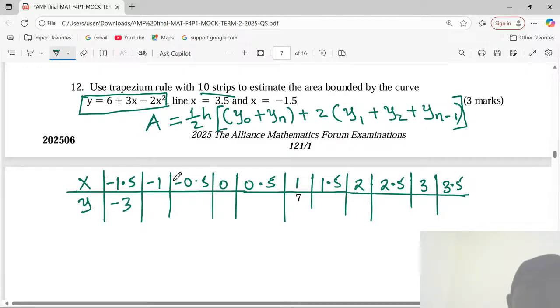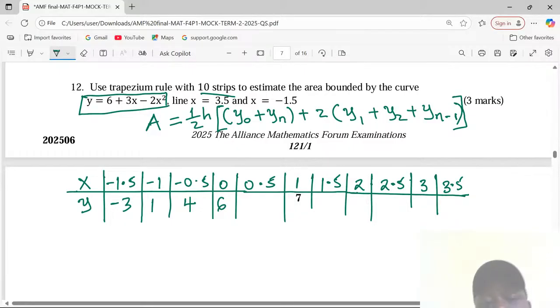And that will give us exactly 1. Then at negative 0.5, we use 6 plus 3 into negative 0.5 minus 2 into negative 0.5 squared. So we get 4 at that particular point. At 0, 6 plus 3 into 0, minus 2 into 0 squared, we just get the 6. Everything else becomes 0. So the value of y there is 6.